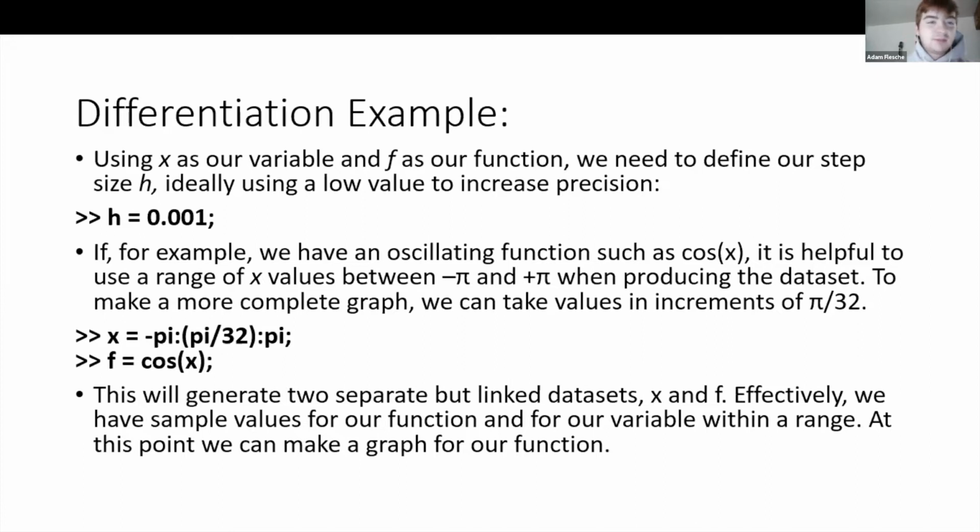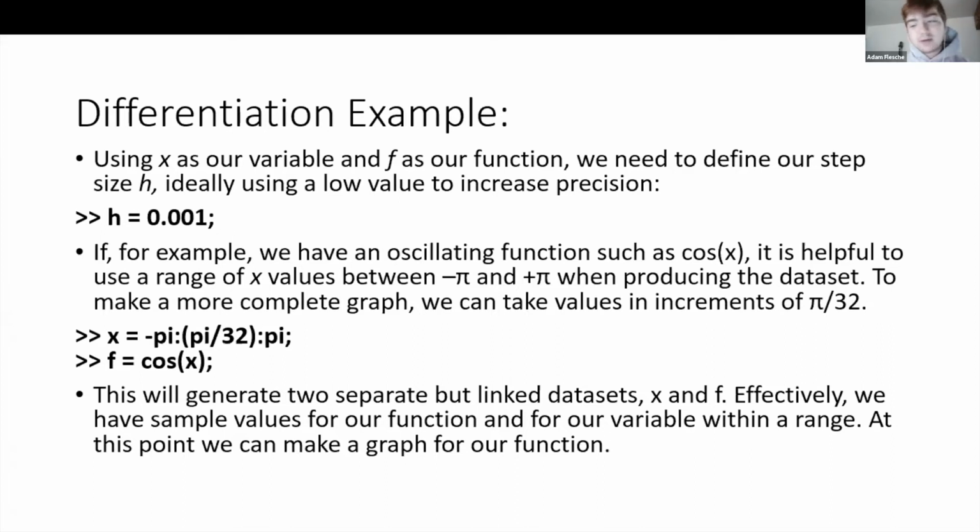But we also want to generate a data set. So we set x equal to the range between -pi and pi, taking steps of pi over 32. This gives us a whole bunch of data points and will give us a better graph in the end.